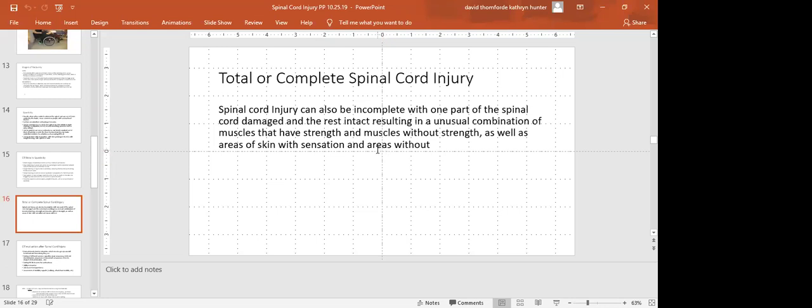So you may have a situation where somebody can use one arm, but not the other arm, one leg, not the other leg. You could even have what they call a monoplegia, meaning that they can use both legs and one arm, but they lack movement in the other arm. Cancer can also cause this sort of distribution of symptoms.